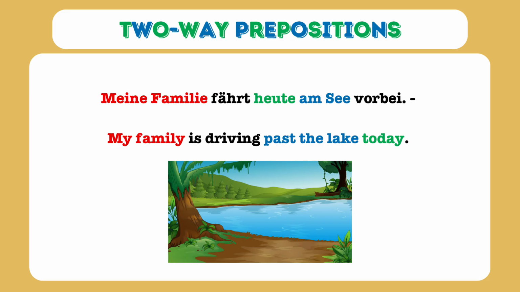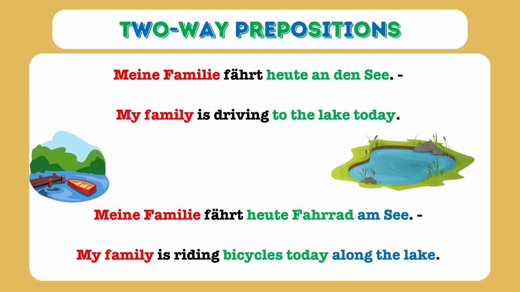Strangely enough, if you are driving past the lake, then you would say Meine Familie fährt heute am See vorbei. When you drive past something in German, you use the preposition an and the dative case, am See. So, the differentiation between all of these sentences. The first one, Meine Familie fährt heute an den See, means that we were driving from somewhere else to the lake, and that gives us an den See.